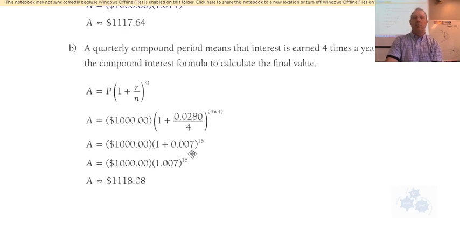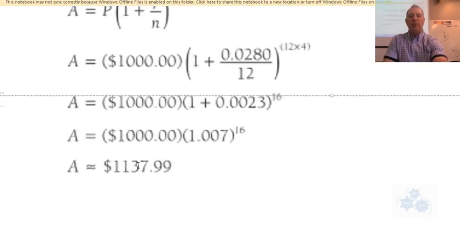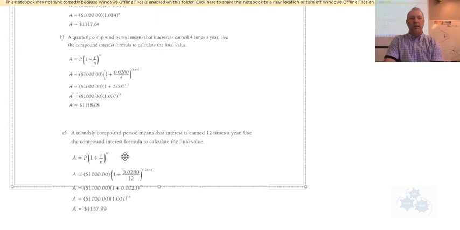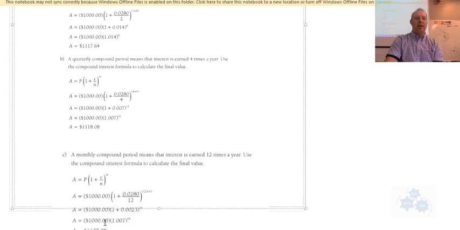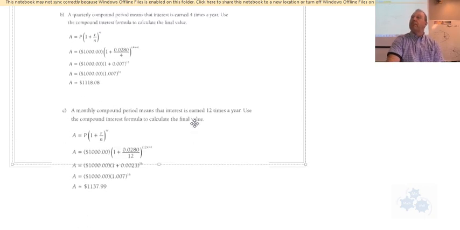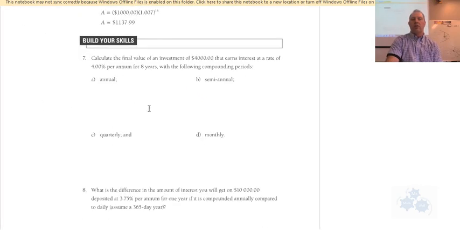So a little bit more money. And then C, compounded monthly, 1,137. So in all, in total here, the more times you compound the money, the more money you're going to end up with at the end. Or the more times your investment is compounded, the more interest you're going to have to pay. Okay? Questions? And of course, you can calculate this just using our new formula.